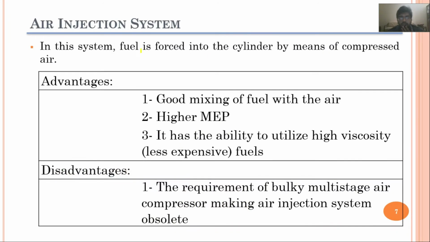In this system, fuel is forced into the cylinder by means of compressed air. I explained that part, that we are compressing the air and that compressed air is being used to pressurize the fuel. These systems give some advantages. The first one is that it gives better mixing of the fuel with air.